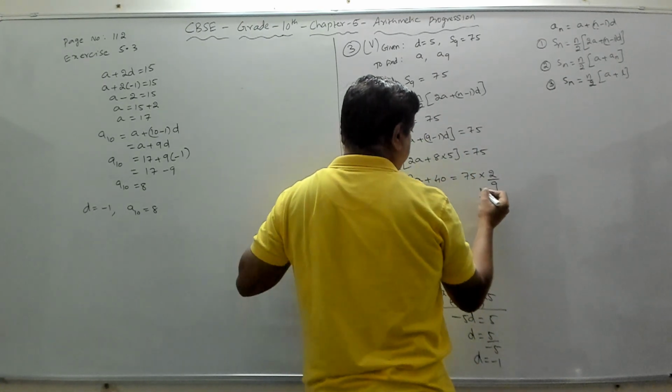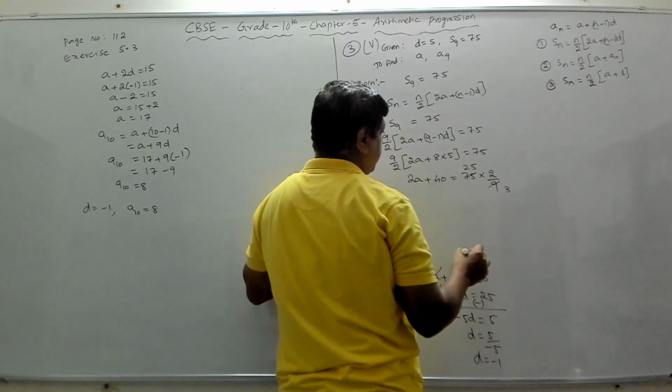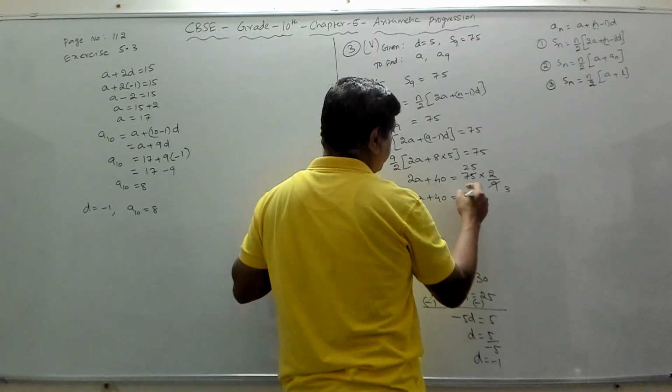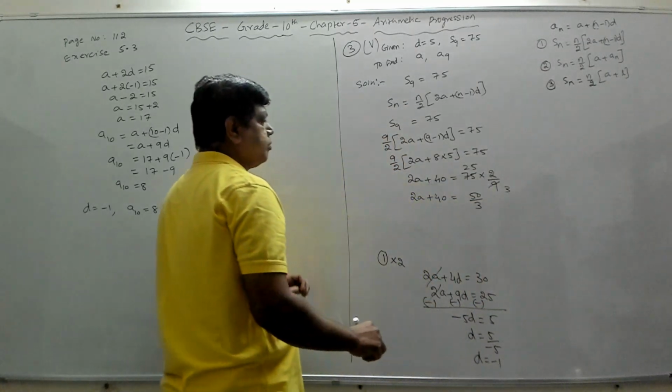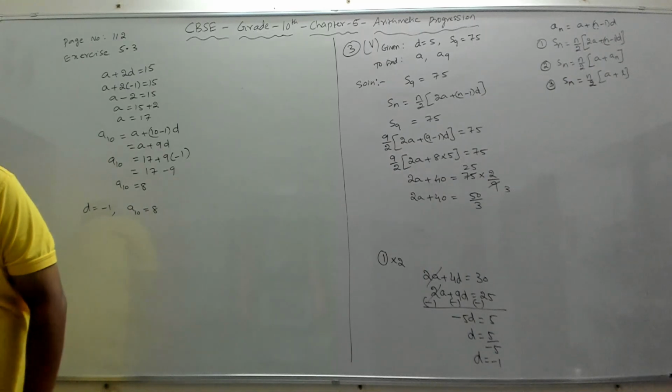Now we can cancel this by 3. 3 threes are 9, 25 threes are 75. So you get 2a plus 40 is equal to 25 times 2, which is 50 by 3.